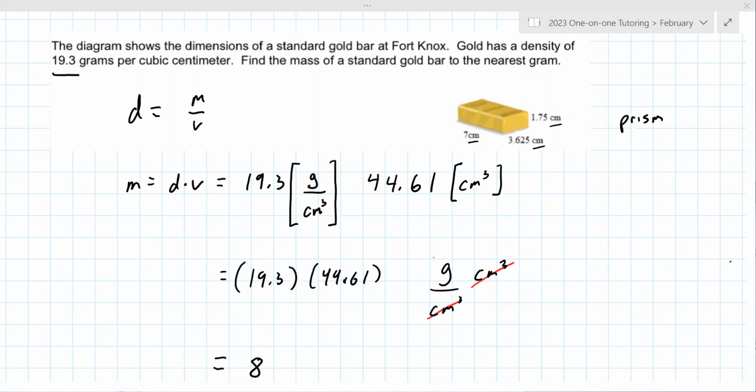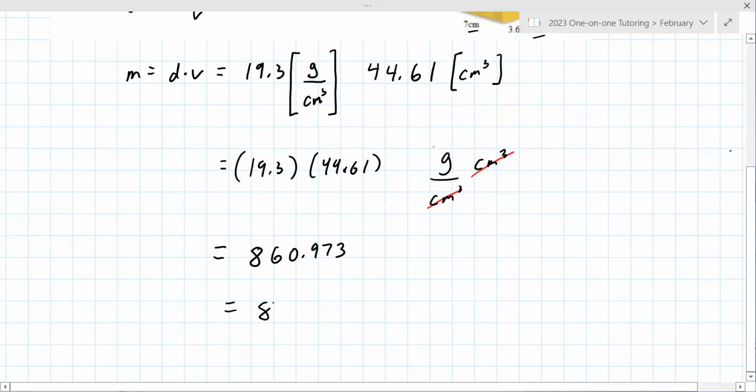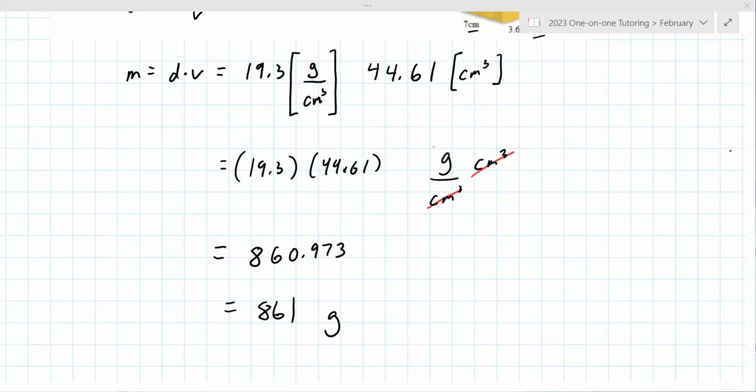So here's what, 861 grams. Okay. Any questions on that? No, not really. I just got to remember the formula and it'll be pretty easy.